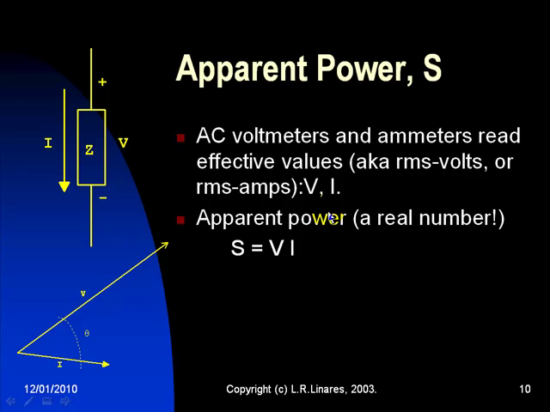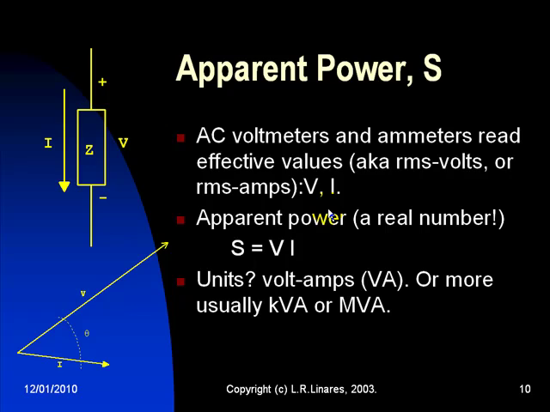So it's a very easy to obtain number. The units are VAs, volt amperes. Unit-wise, the unit VA is just a watt. But the engineer realizes that the number is not actually average power, but apparent power, just the multiplication of the voltmeter reading and the ammeter reading. We call that VAs. And if there are too many, we say kVA, kilovolt amperes, or megavolt amperes.